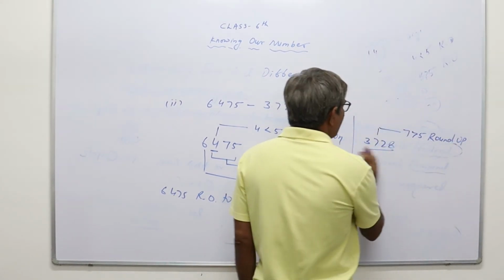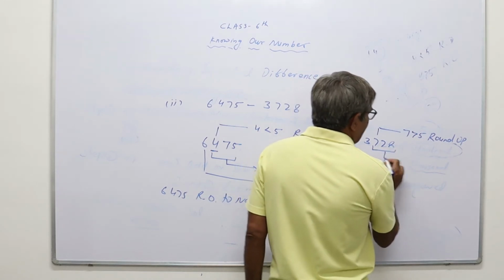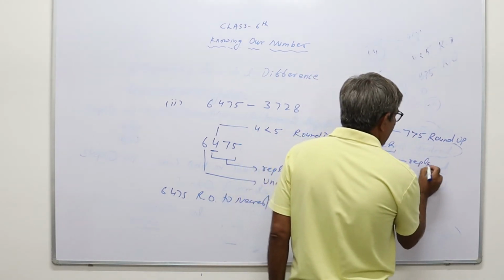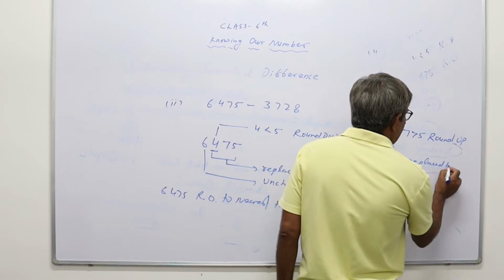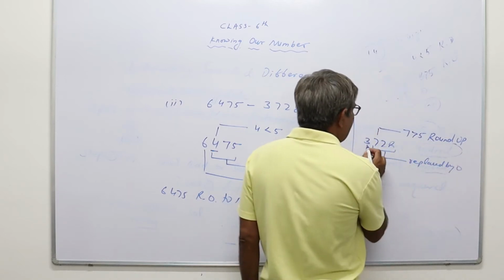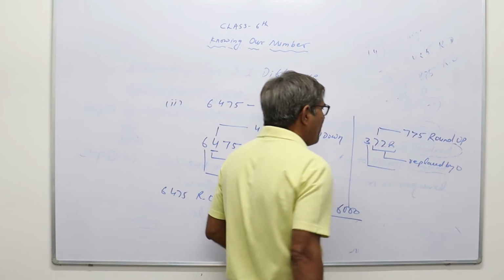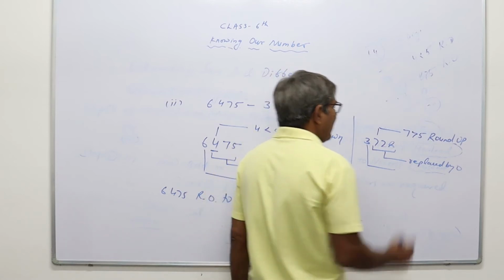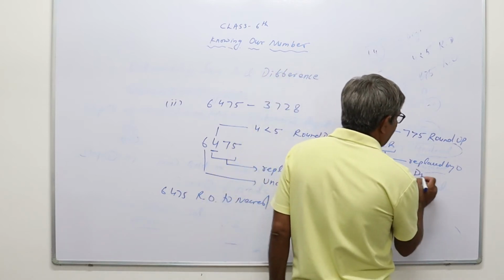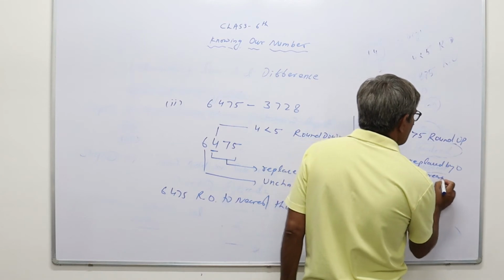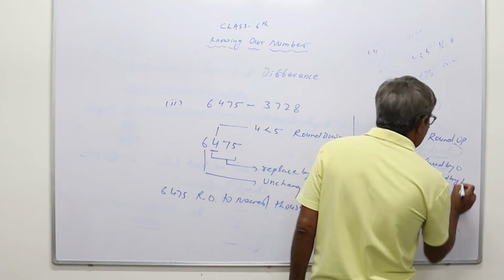Now the first 3 digits will be replaced by 0 and the next digit at the place of 1000 will be increased by 1.